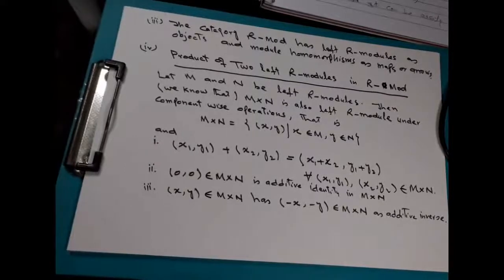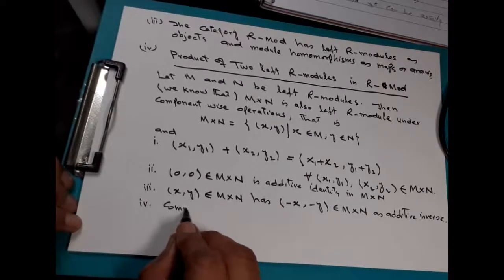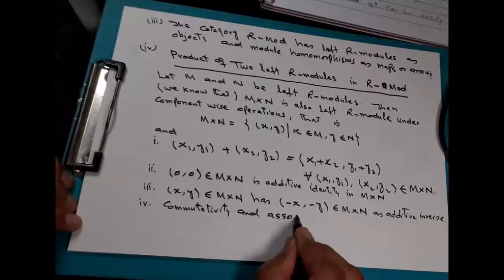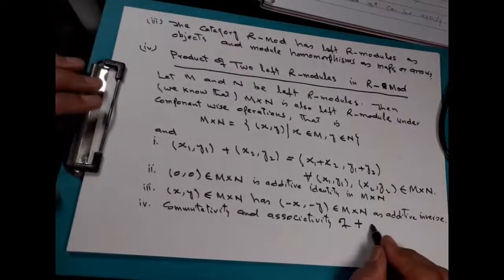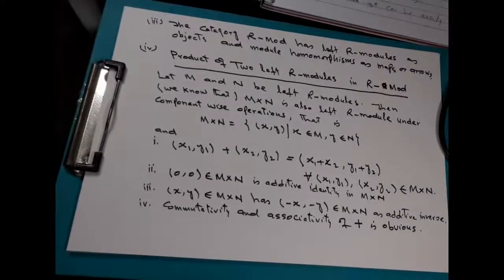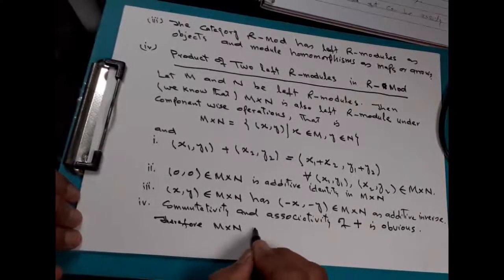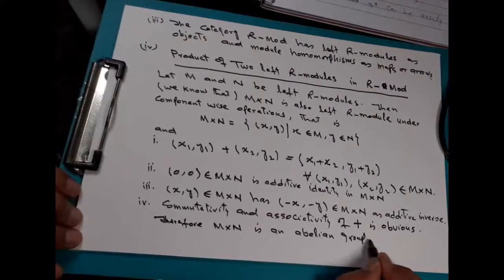And the remaining properties, that is associativity and commutativity, are very clear. In fact, they get inherited from M and N. Commutativity and associativity of this particular operation, which is component wise, is obvious. You can check it on your own. Therefore, M cross N is an abelian group under addition.